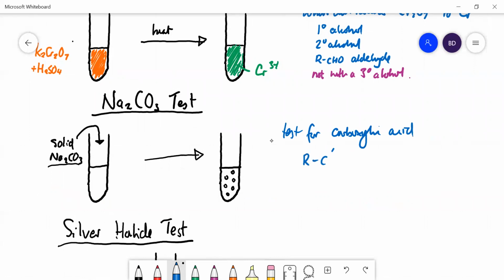If you have a carboxylic acid there, CO2 is evolved, so it effervesces. That's supposed to be little bubbles of CO2 in there. You can also use sodium hydrogen carbonate. It doesn't matter, both do the same thing. So if you've got an organic, it'll tell you you've got a carboxylic acid group in there.